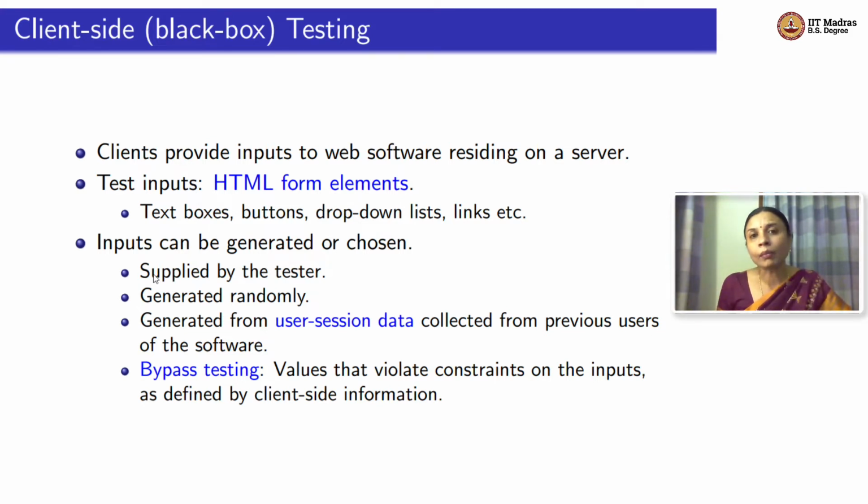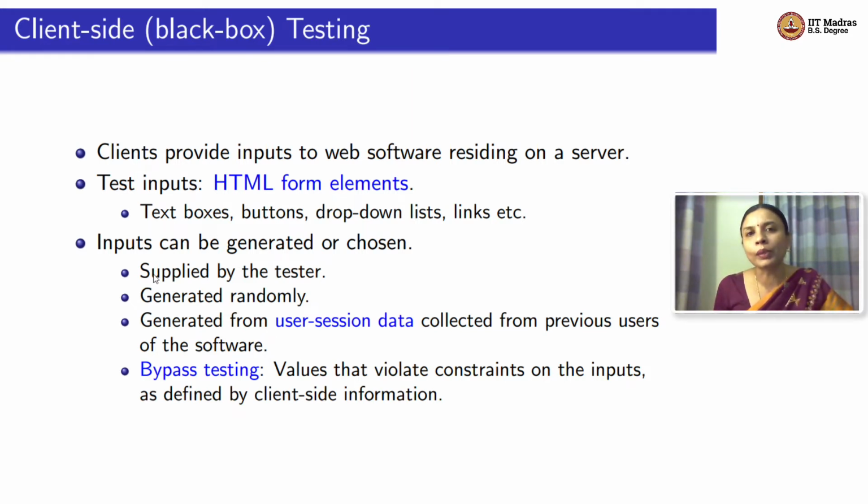So the idea in bypass testing, which is the technique that we are going to learn in this lecture, is basically to purposely generate wrong inputs that violate the normal format of the input and bypass the client side checking of those wrong inputs and send it to the server to see how the server responds to those client inputs.